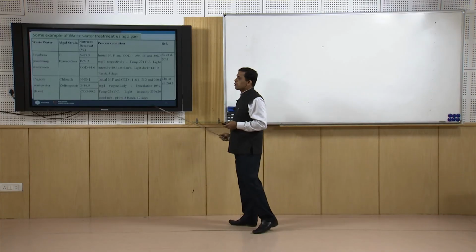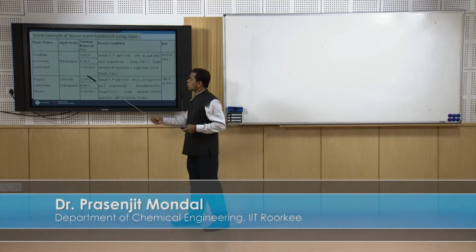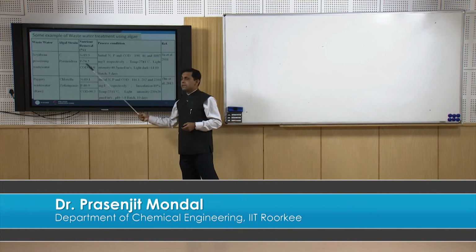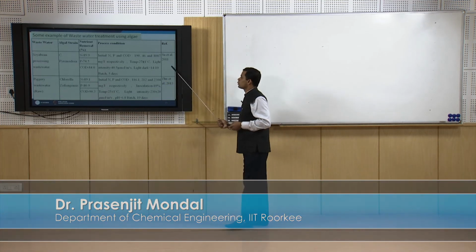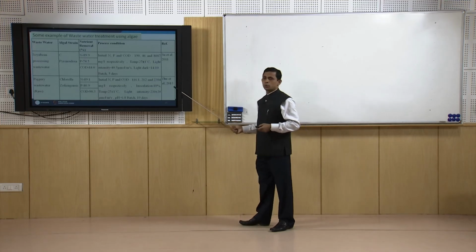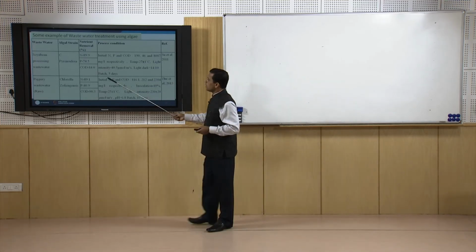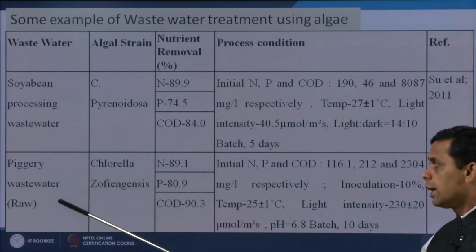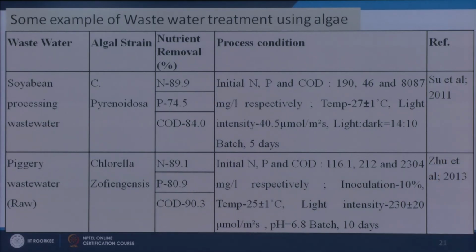So, not only municipal wastewater, industrial wastewater has also been tested by some researchers, as reported by Su et al 2011 and Chu et al 2013. Here soybean processing wastewater and here they have used piggery wastewater.